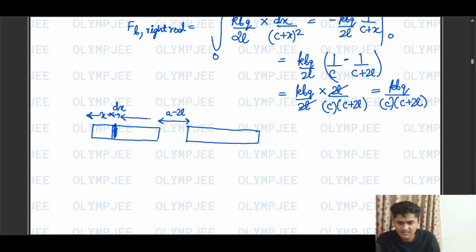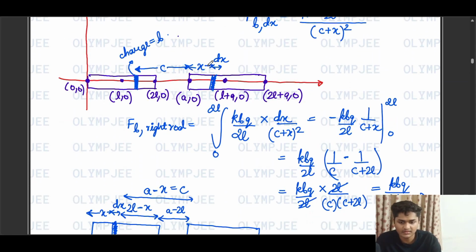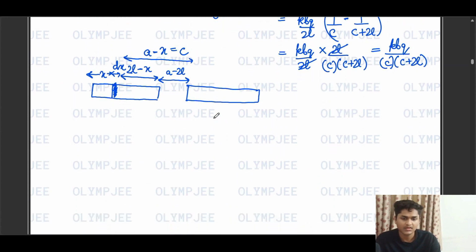And this will be given as 2l minus x, because this whole length is 2l and this is x. So this will be given as 2l minus x plus a minus 2l, which is a minus x, which is also equal to c from the above diagram, right? Because c was this distance and this is also this distance.